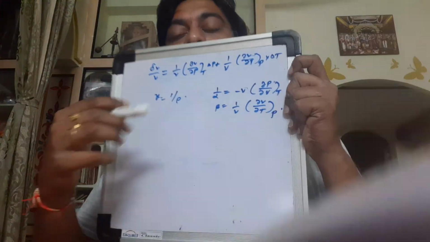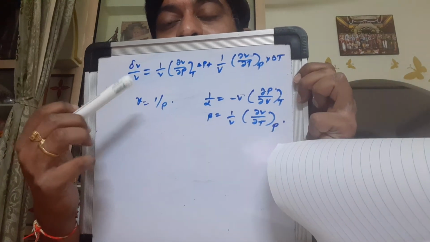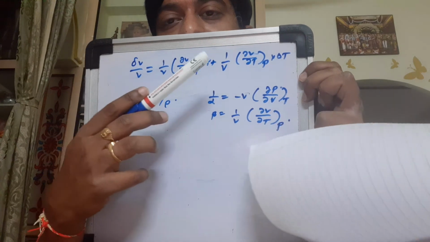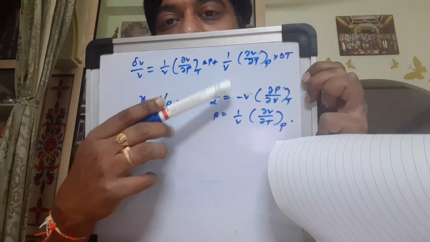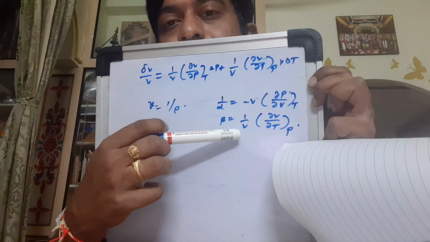These are what we are going to use. So these are the relations again we want to use: V is equal to 1 by rho, specific volume is equal to 1 by rho, delta V by V is equal to 1 by V dou V by dou P at constant temperature into delta P plus 1 by V dou V by dou T into delta T. So this is the simple differential equation, right?